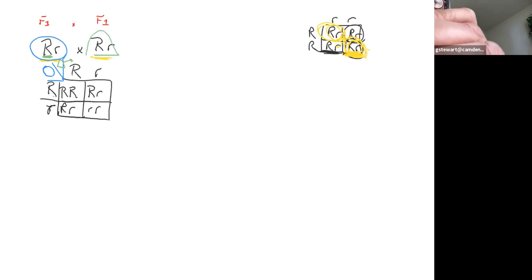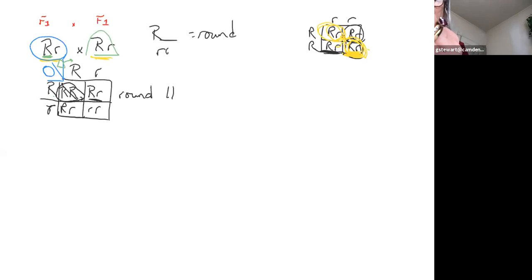So we start with this one. What does this one look like? That one's round, right? What does this one look like? That one's also round, because remember, capital R anything equals round in the phenotype. The only time we see wrinkled is when we have two lowercase letters, right?